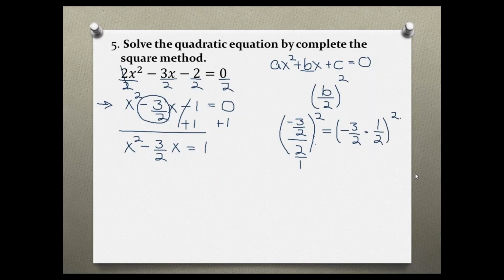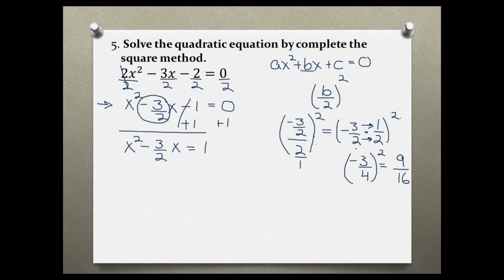I can either cross simplify, but there's nothing to cross simplify, or just multiply straight across. So I have negative 3 over 4, and if I square this, I get positive 9 over 16.